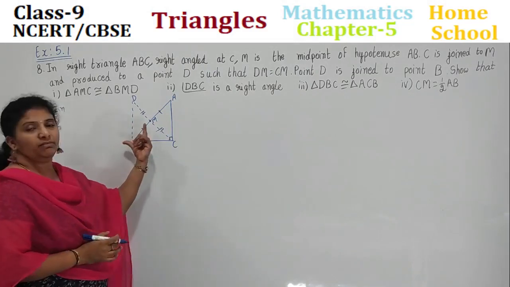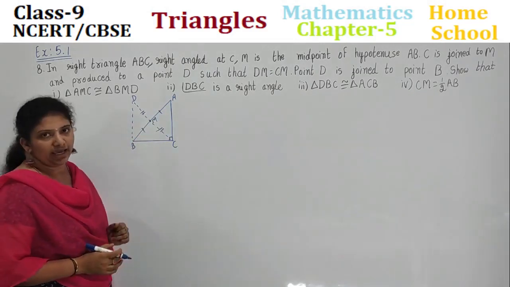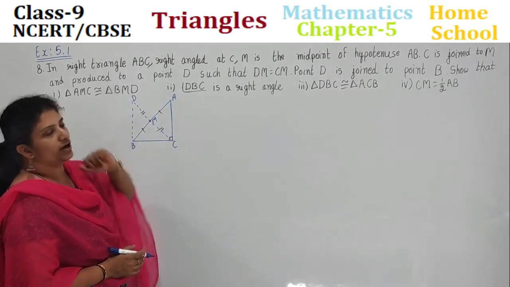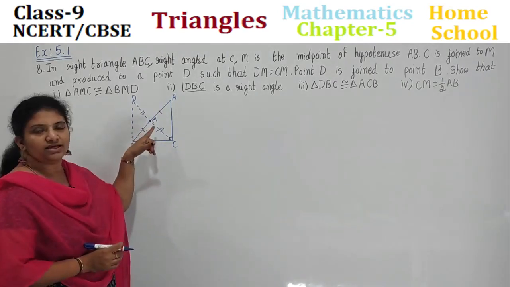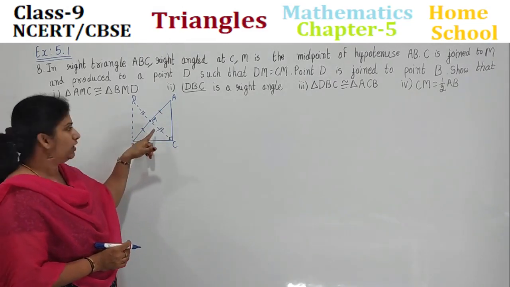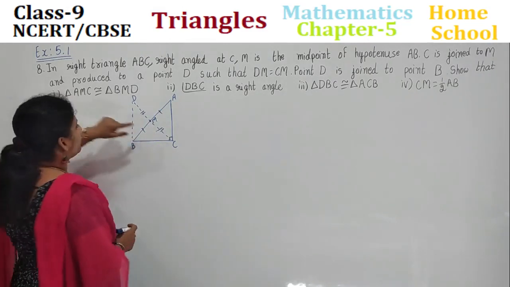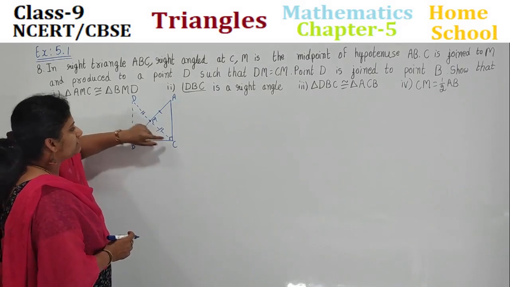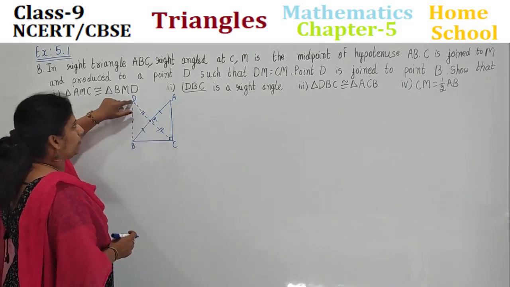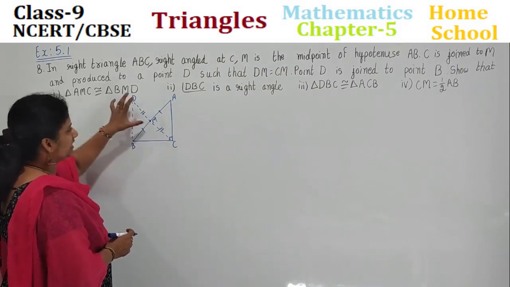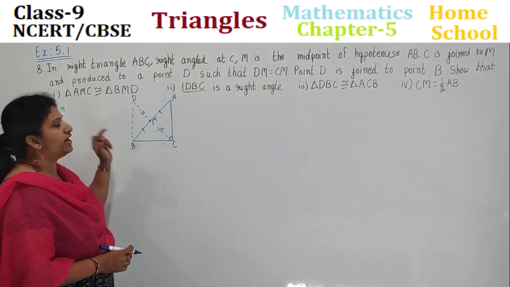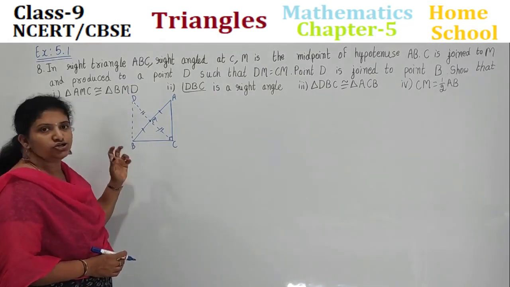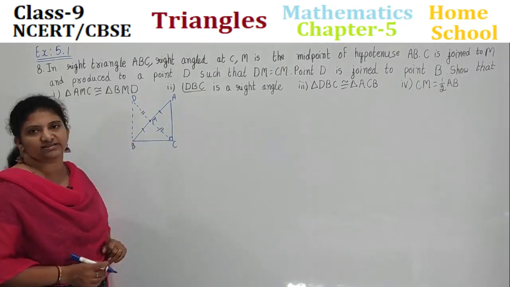Midpoint means BM is equal to AM. C is joined to M, and produced, meaning this line is extended to a point D such that DM is equal to MC. Point D is joined to point B. Show that these four cases.